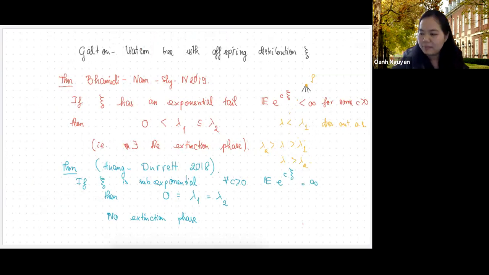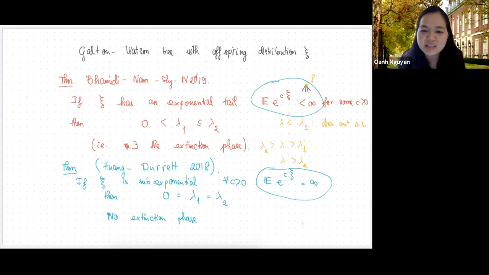So, yeah, that's actually a good point. In the result by Huang and Durrett, they established a necessary and sufficient condition for the existence of an extinction phase.